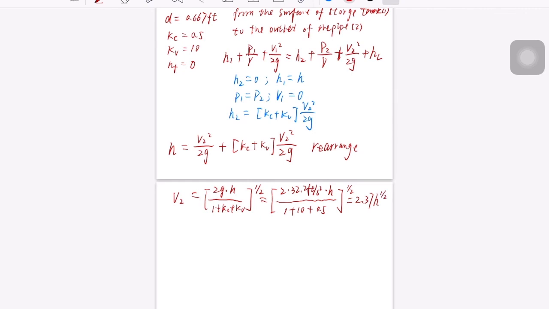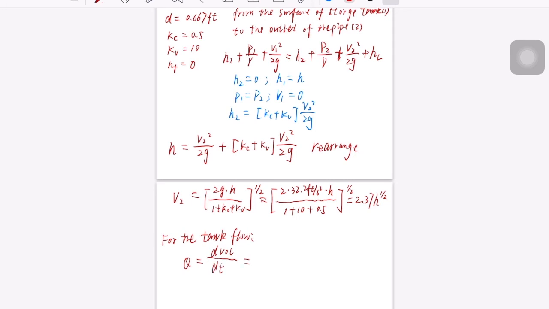And now for the tank flow, the Q equals the derivative of the water volume in the tank with respect to time.